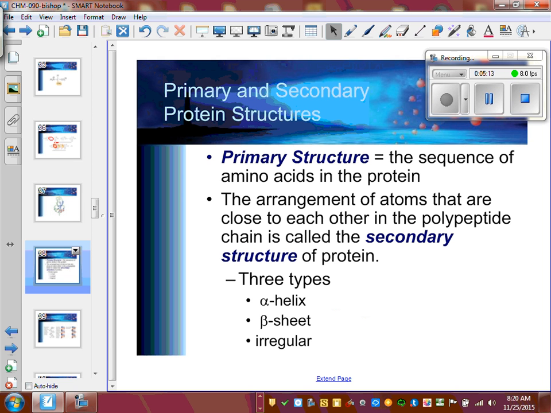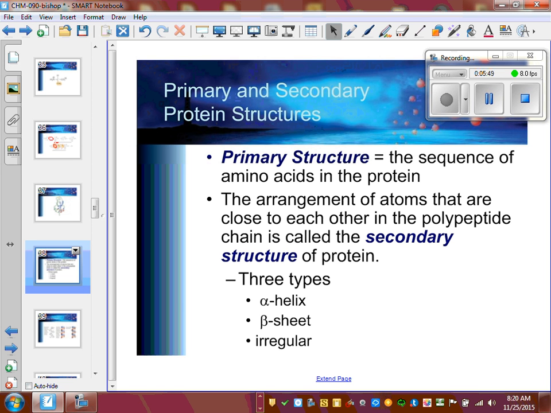Proteins have several different structures. The primary structure is the sequence of amino acids in the protein. So we start putting together these things, the alanine, glycine, serine, and that's the primary structure. Now think about it. You have 20 amino acids. How many different combinations can you make? Pretty much an infinite number of combinations, because proteins are many, many polypeptides long. So let's say it's 100 amino acids long.